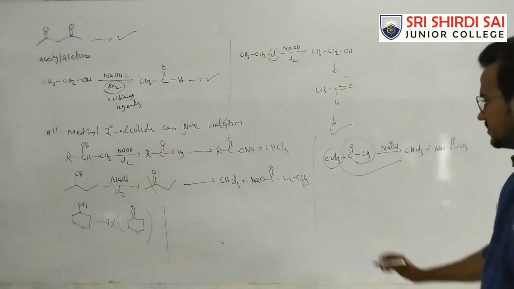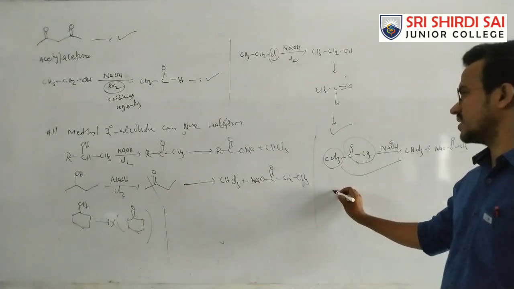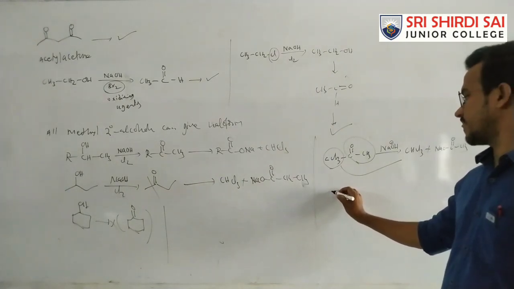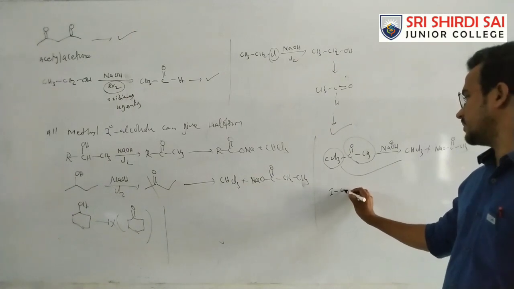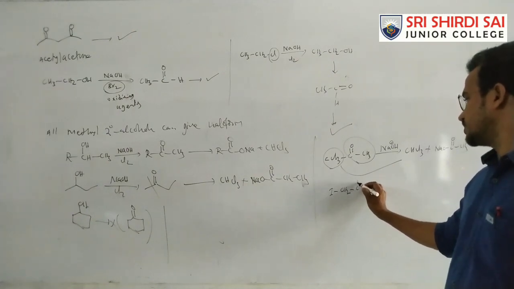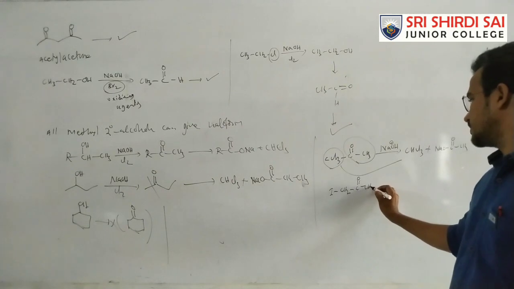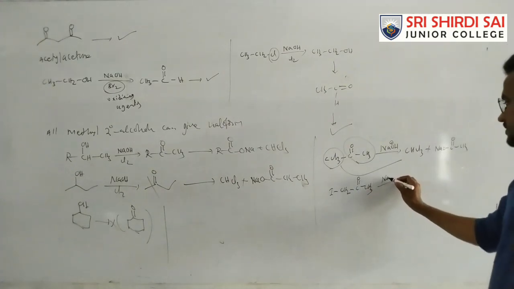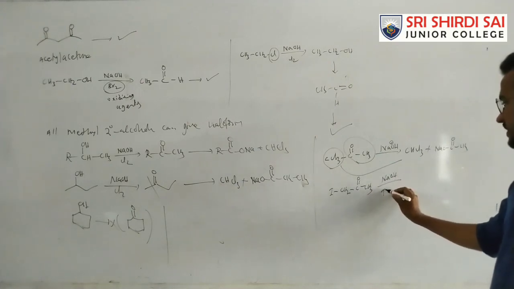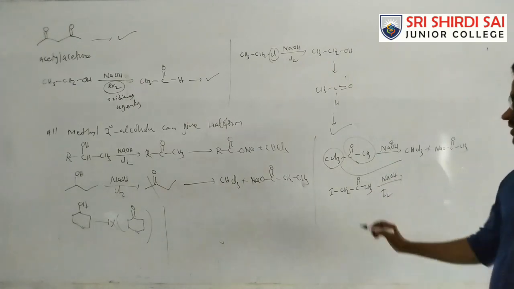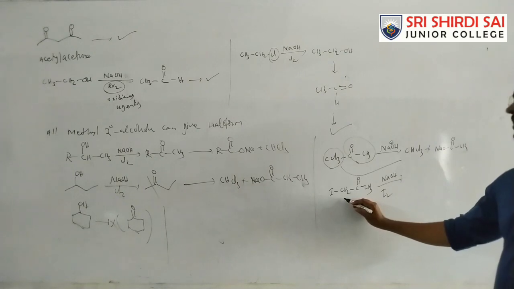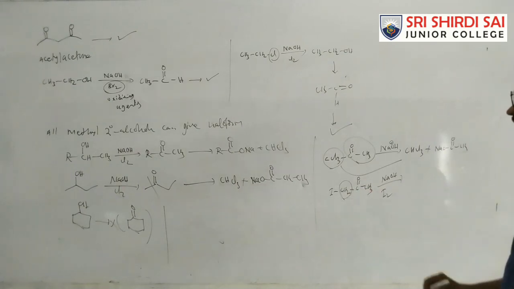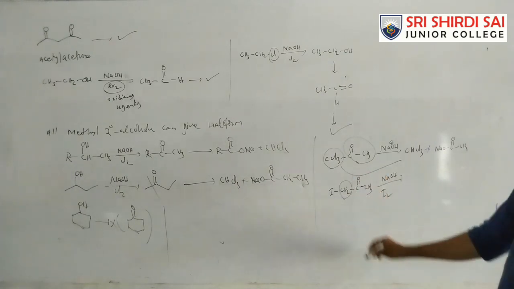Suppose this one, with iodine: CH2I-C=O-CH3 treated with NaOH plus I2. Here one hydrogen is replaced by iodine, the remaining two hydrogens are replaced by iodine, then it can give the iodoform reaction.